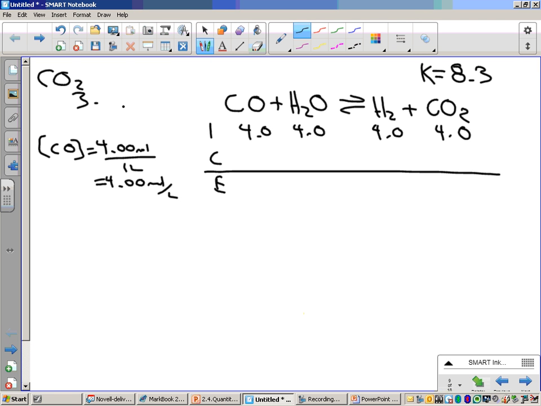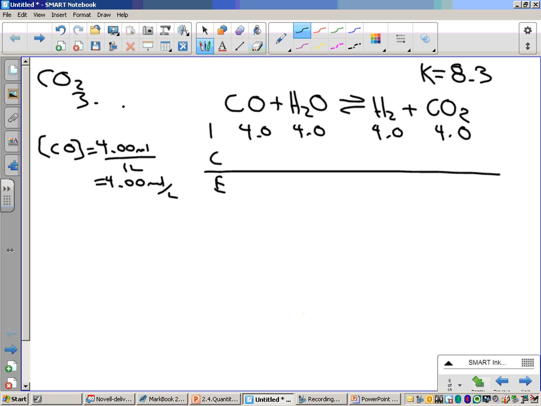Actually, if we were to calculate a Q, which you don't have to do in these problems, because I'm telling you that it's not at equilibrium, but if we were to quickly calculate a Q with everything having a coefficient of 1, what's the Q value there without writing it down? It's equal to 1, because it's going to be 4 times 4 divided by 4 times 4.